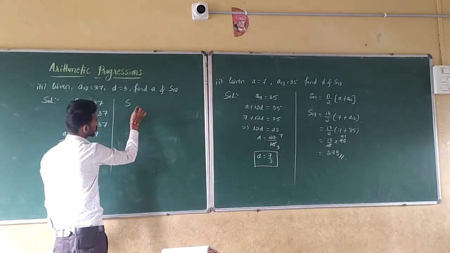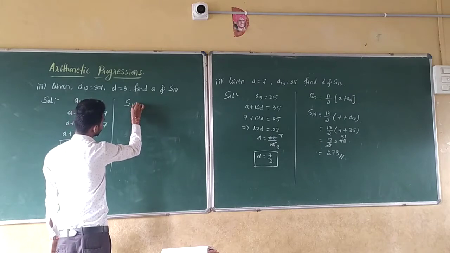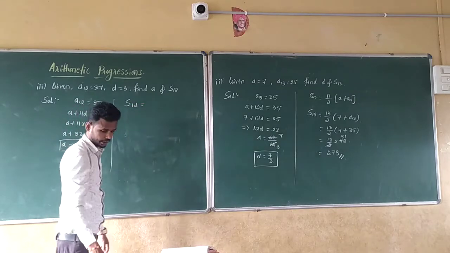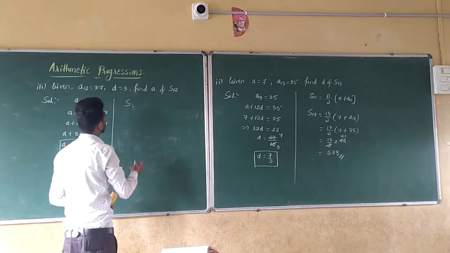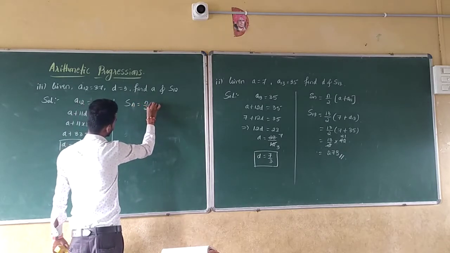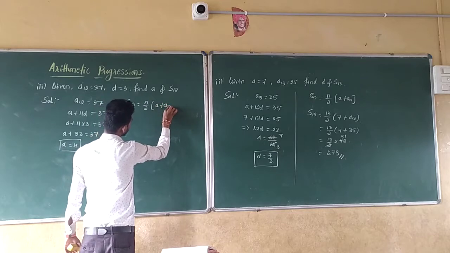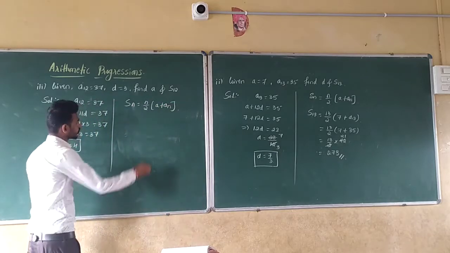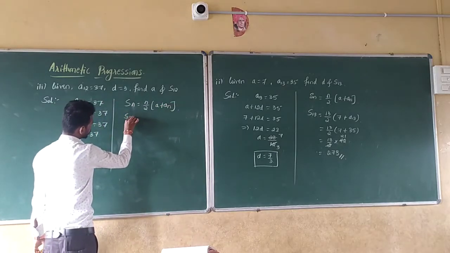Now find S12. So S12, what can you write? Alright, first formula. Sn is equal to n by 2 into a plus an. So Sn, how much? 12.